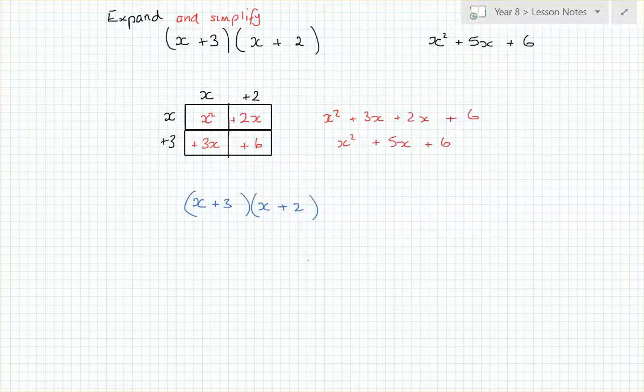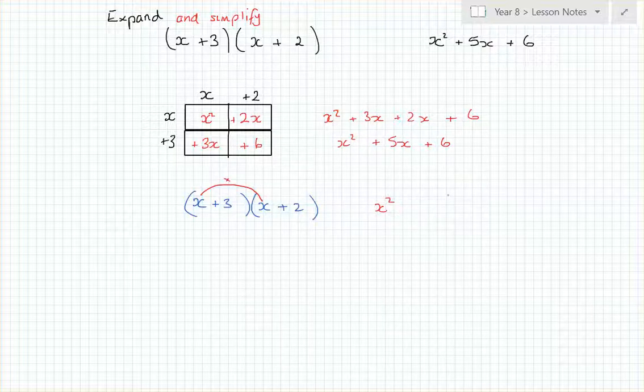Okay, the reason, as you'll have seen from this one, is that everything has to be multiplied by everything. If you only multiply the x's together and the 2 and 3 together, you don't get the whole thing. So same way we did the lines, I'm going to multiply x times x, which gives me x squared.